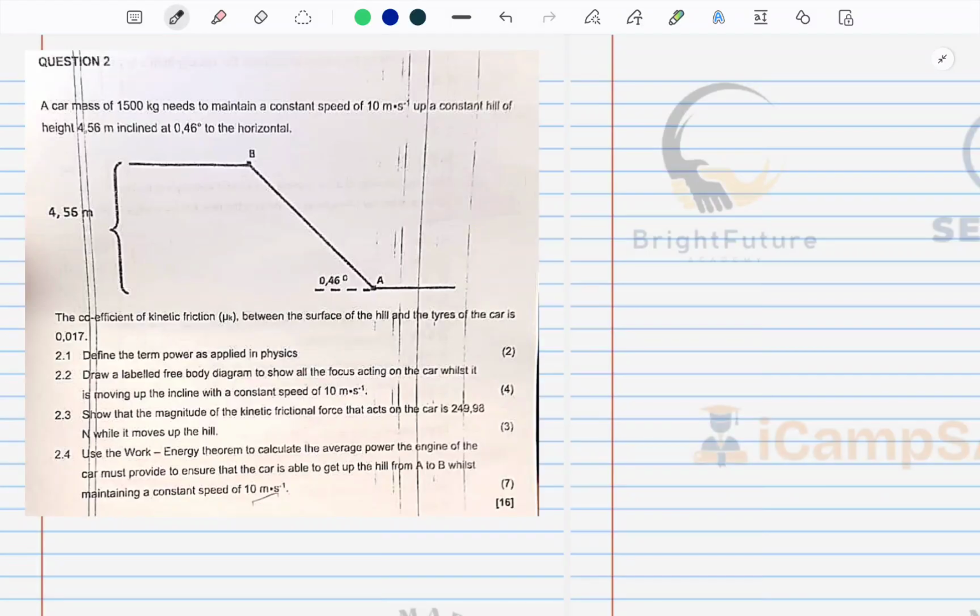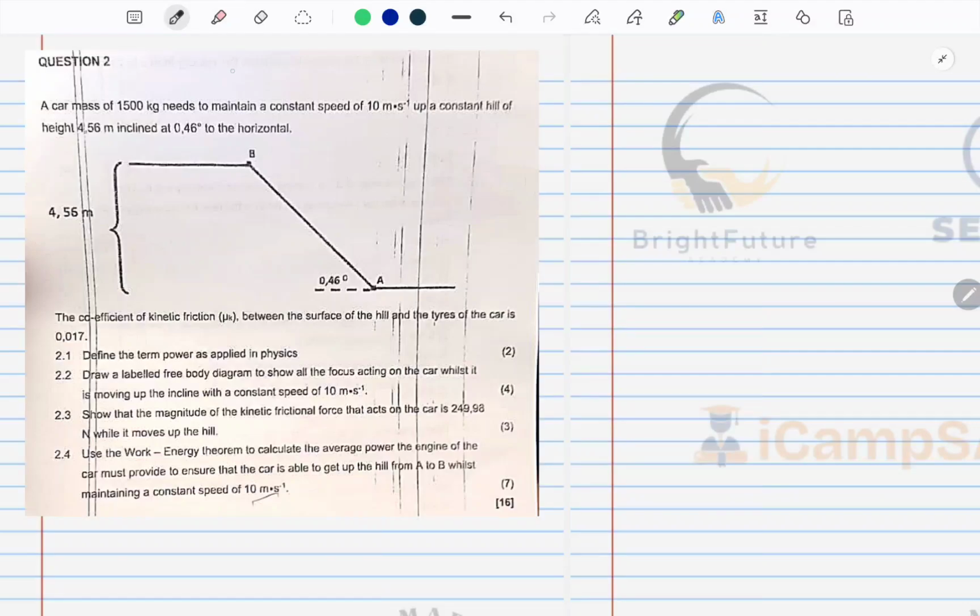So today we are doing an exemplar paper for your June examination. So let's start from question 2. Here they're saying a car of mass 1500 kg needs to maintain a constant speed of 10 meters per second up a constant hill of height 4.56 meters, inclined at 0.46 to the horizontal.